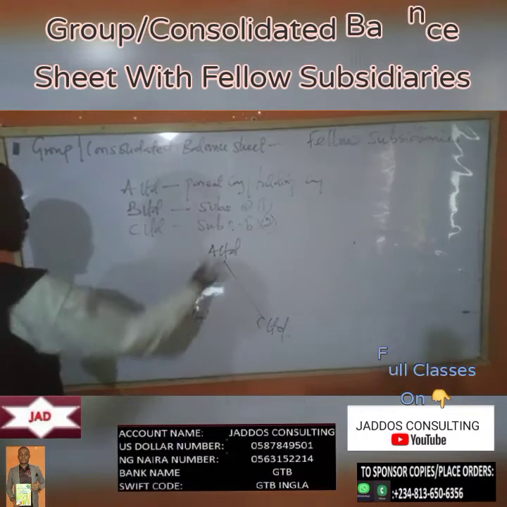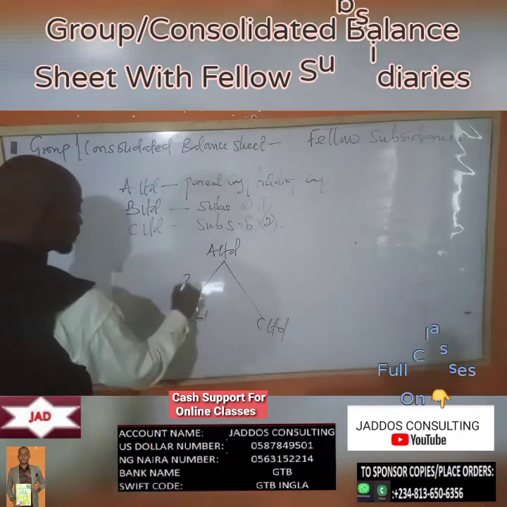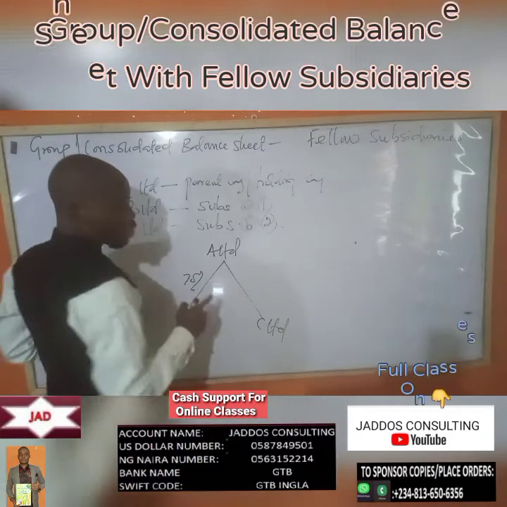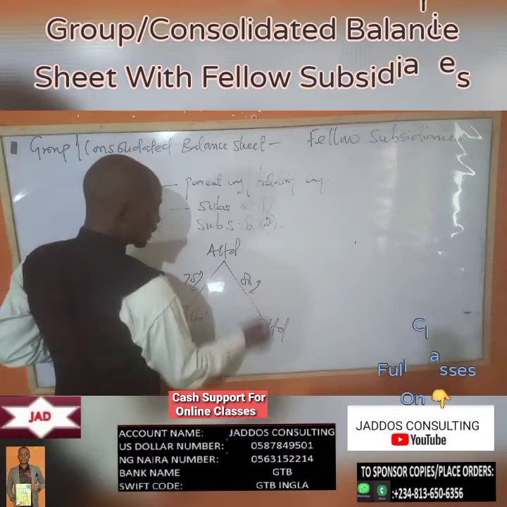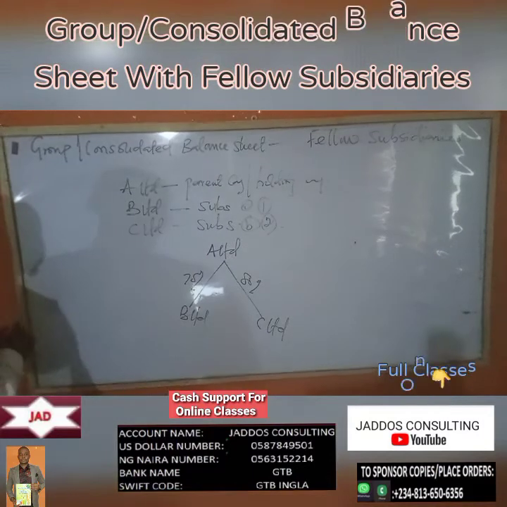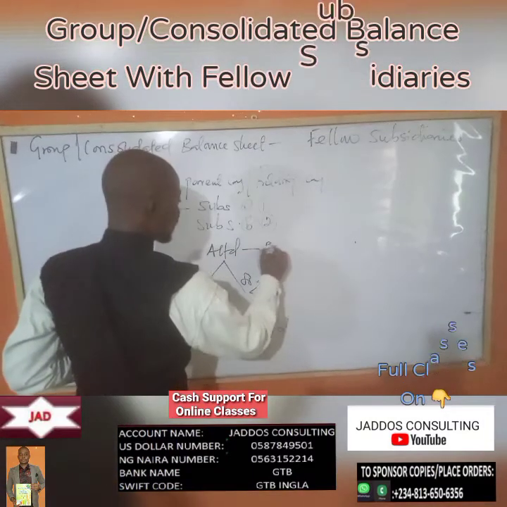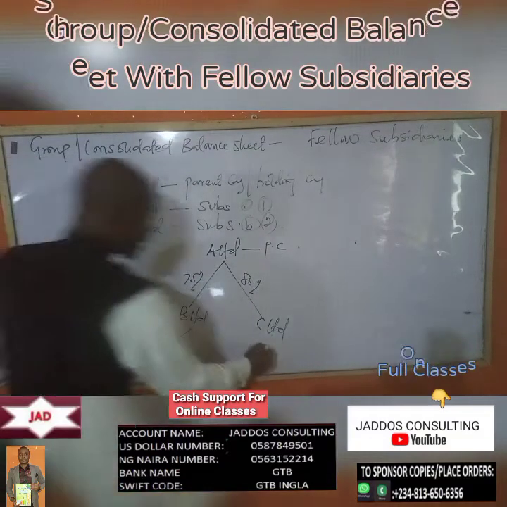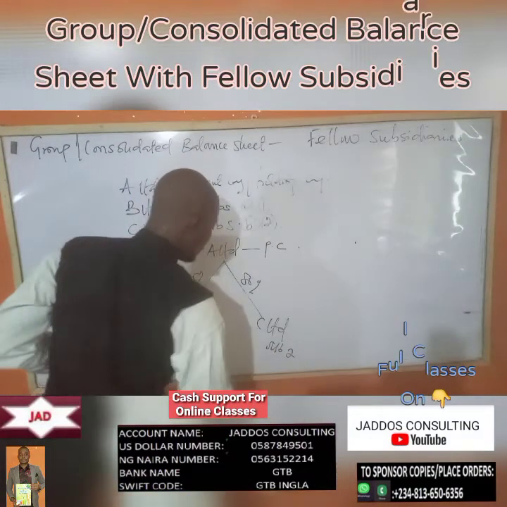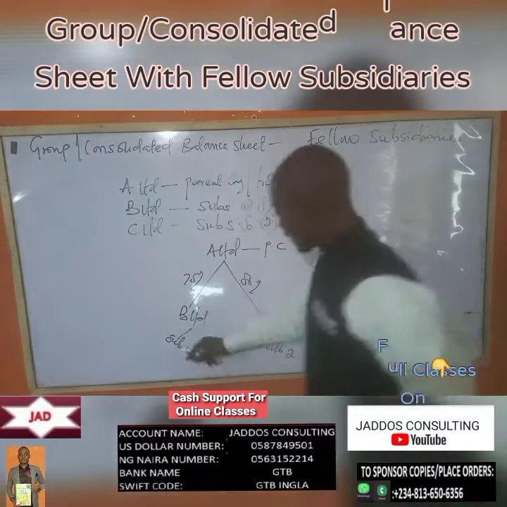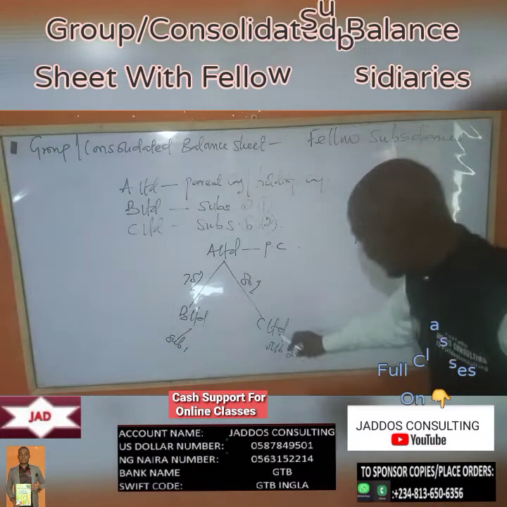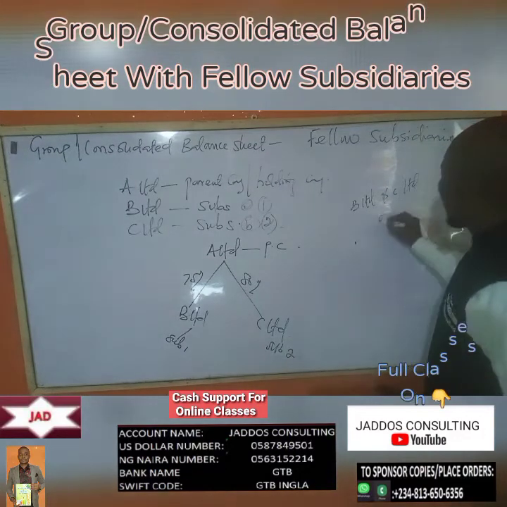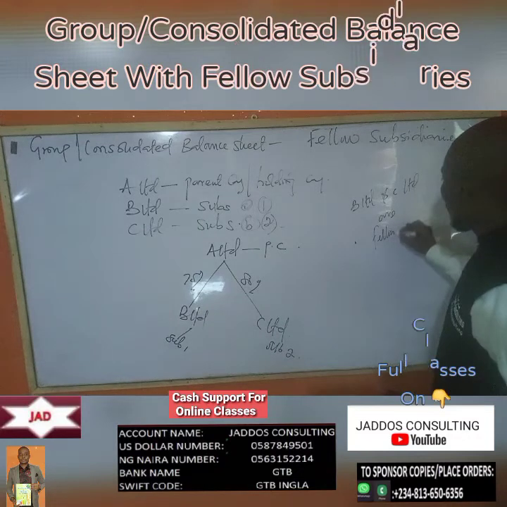Let's say A Limited has a controlling interest of 70% in B Limited, and also has a controlling interest of, let's say, 80% in C Limited. So A Limited is the parent company. B Limited is subsidiary 1, and C Limited is subsidiary 2. So B Limited and C Limited are fellow subsidiaries.